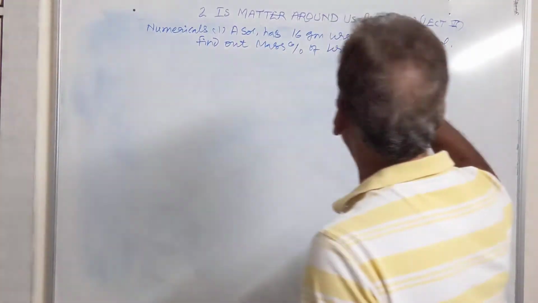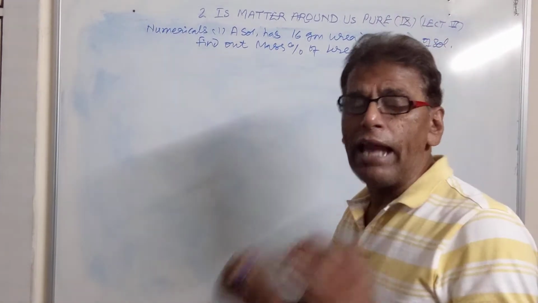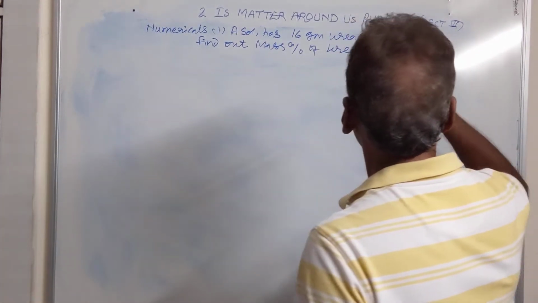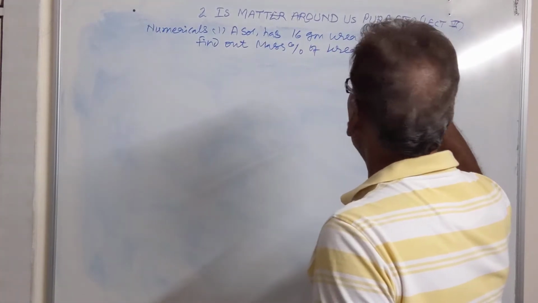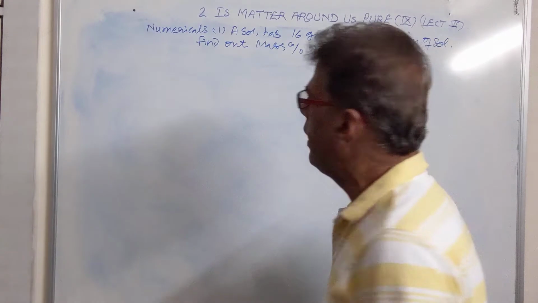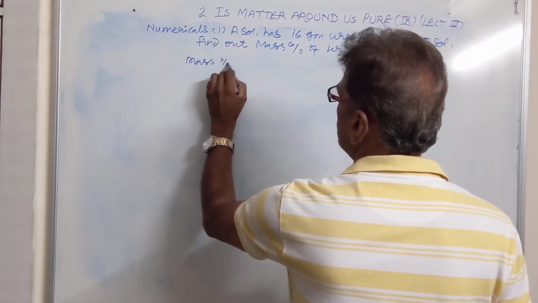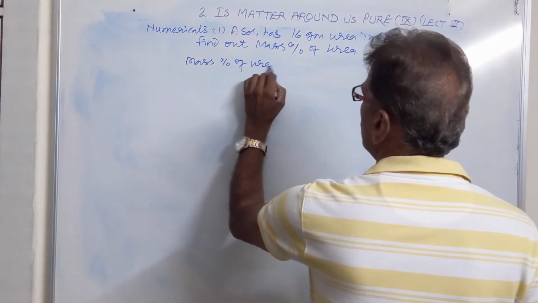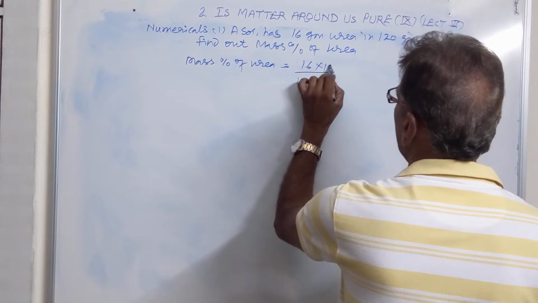If it had been 120 gram of water, then we would have calculated the total mass of solution as 120 plus 16. But in this case, it is the total mass of the solution, so nothing is to be added here. The mass percentage of urea is given by 16 upon 120 multiplied by 100.